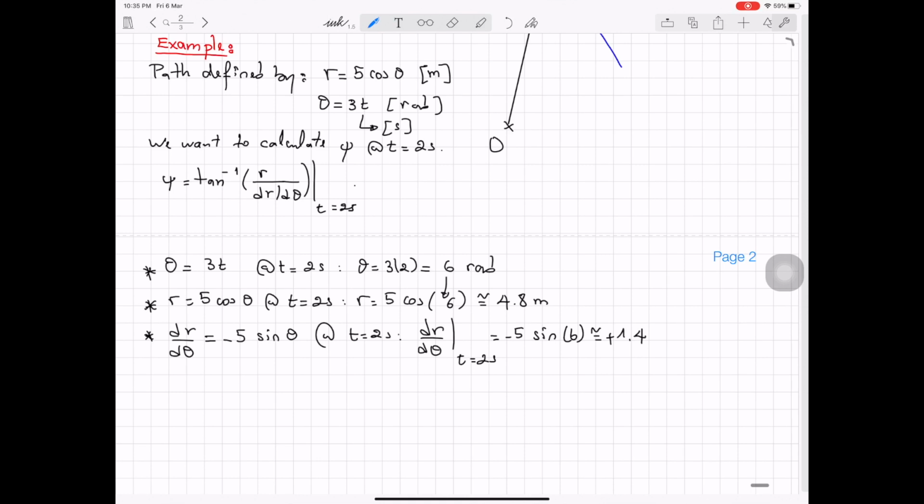Now we can calculate psi, which is equal to the tan inverse of r over dr over d theta. We have r as 4.8 divided by dr over d theta, which is 1.4. So we have tan inverse of 4.8 divided by 1.4, and that gives me almost 1.29 radians.